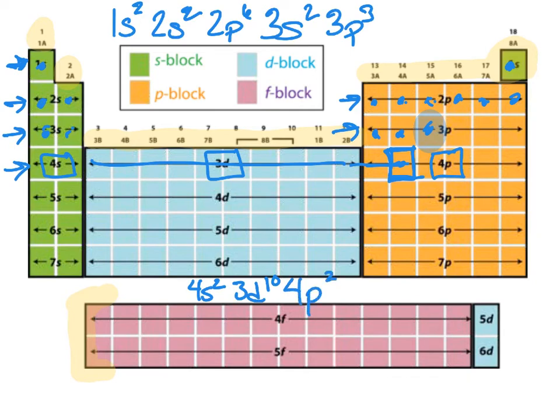So you want to keep that D block in mind, that the numbers drop. Same thing with F block. F block fits in right here. So you're going from 6s to 5d to 4f, or depending on the order, really it should be 6s, 4f, 5d, which is what this is showing here.